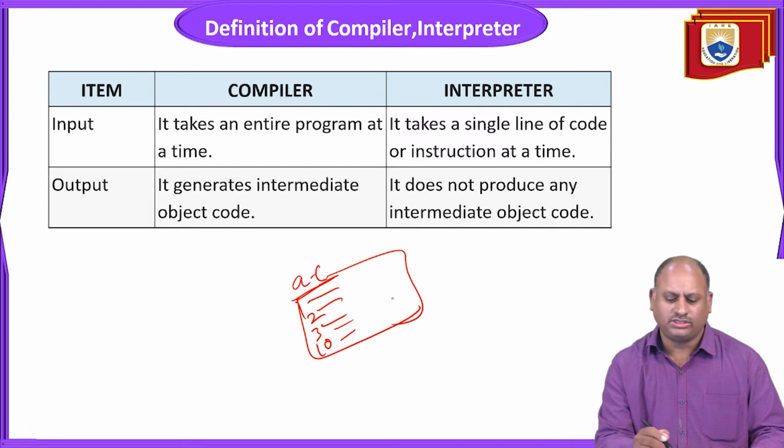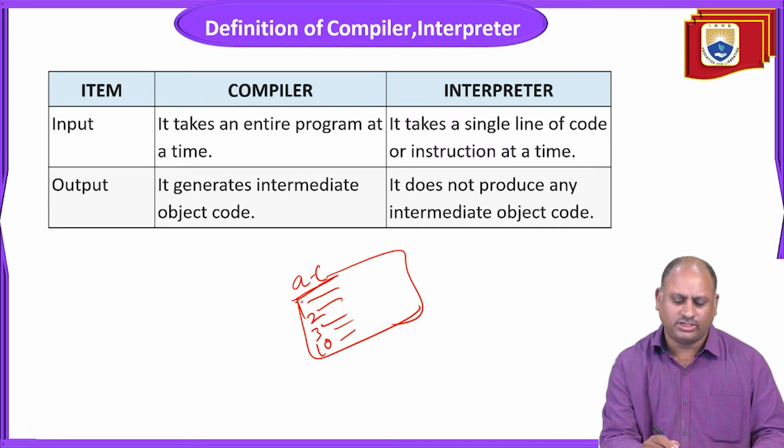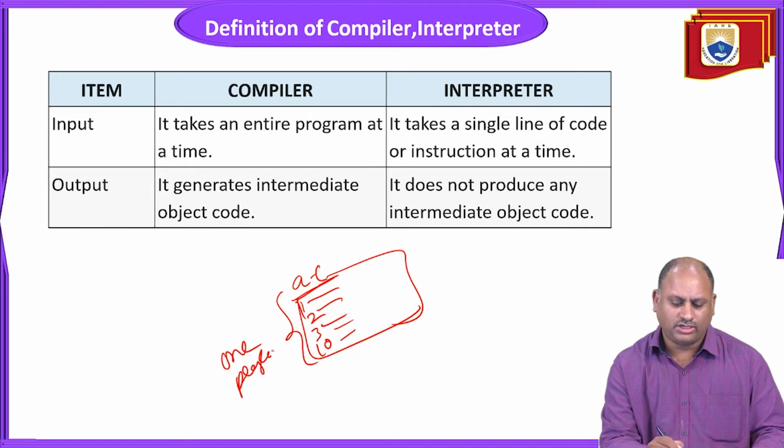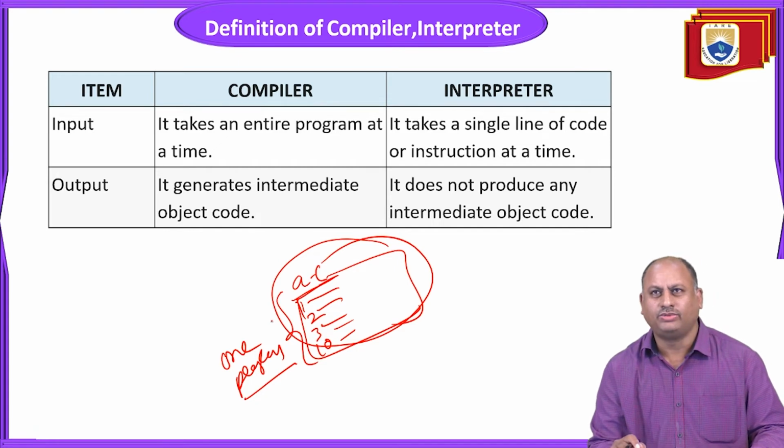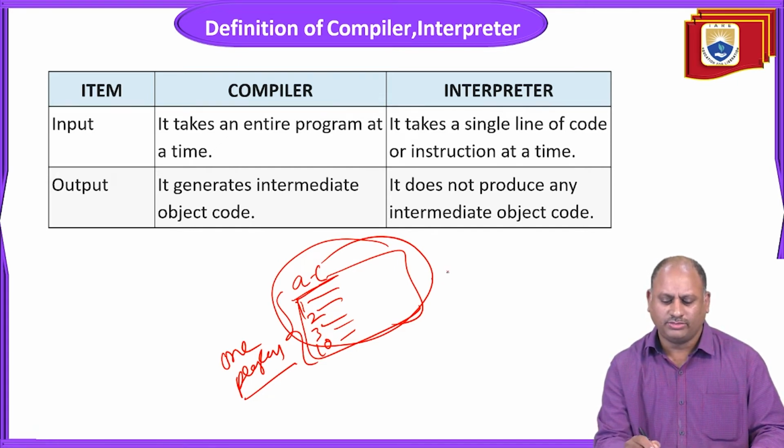That means these 10 statements are considered as one entire program. At a time, this whole program is taken as input to convert into the corresponding machine code, that is the target program.